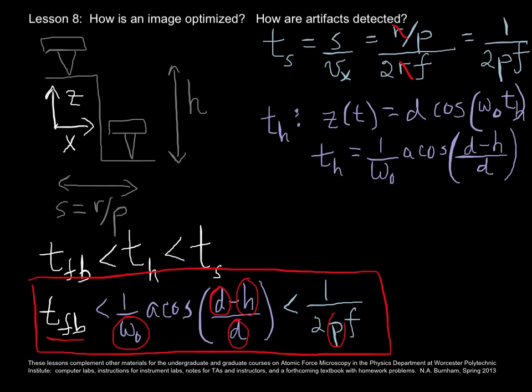P, how many pixels you have in your scan in one scan direction, and the frequency of the scan. So you remember in the feedback lesson I talked about always having to adjust your feedback gain, and now I hope you appreciate why.